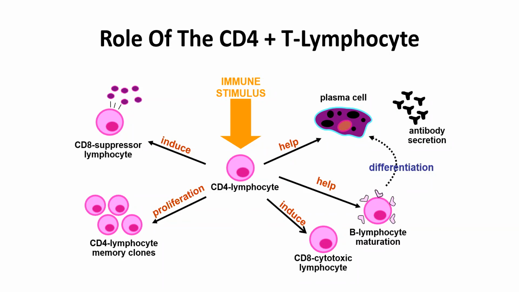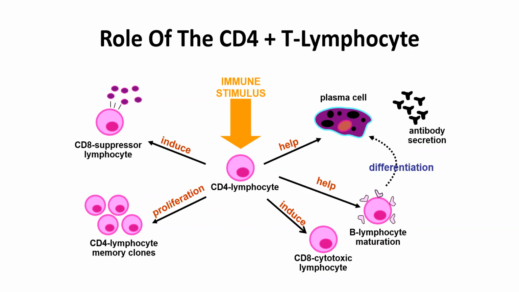And this is the cell which is destroyed by HIV. This is the cell which is targeted by HIV, and that's why we see the impact of HIV is significant. Why? Because you are targeting this cell which is key in coordinating the immune system.